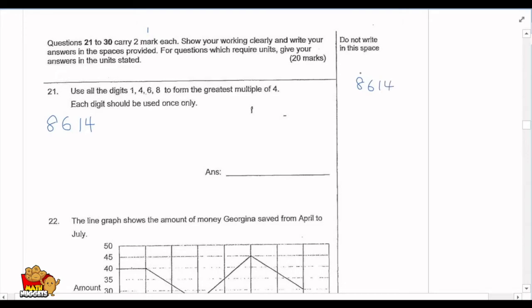So once again, I'm writing in this space, but please in the exams do not do it. So nope, it's not divisible. So let's try the next bigger number. So I'm not going to continue with this really. This is not possible. So 8614 is not correct.